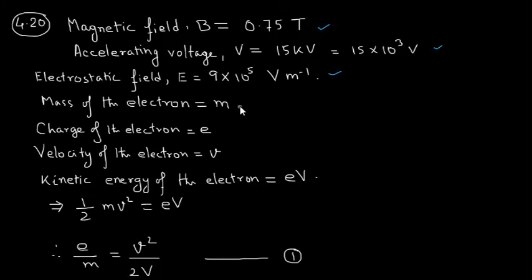Mass of the electron is m, charge of the electron is e, velocity of the electron is v. Kinetic energy of the electron is equal to eV, which implies that half mv square is equal to eV. Therefore, e upon m is equal to v square upon 2V, which is equation number 1.